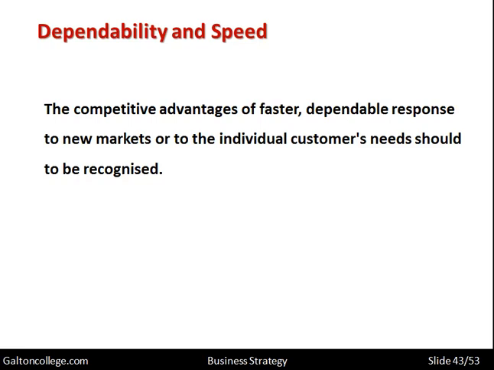Dependability, making sure that the orders are filled and they're filled according to the contracts. That's important. But there's also speed, that it's a fast contract. Once the order is placed, the products will come through fast. They will come through in a speedy manner. The customer doesn't have to wait for long periods of time.